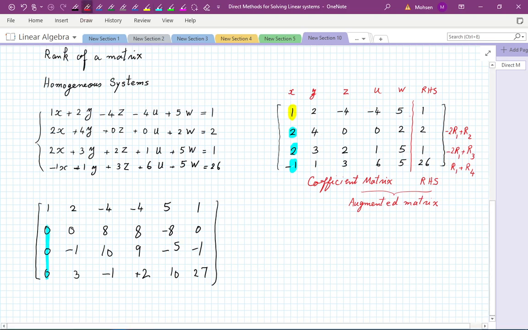For a while we are not going to have much to say or do with this section of the first row and the first column, and we are going to concentrate on this so-called sub-matrix.